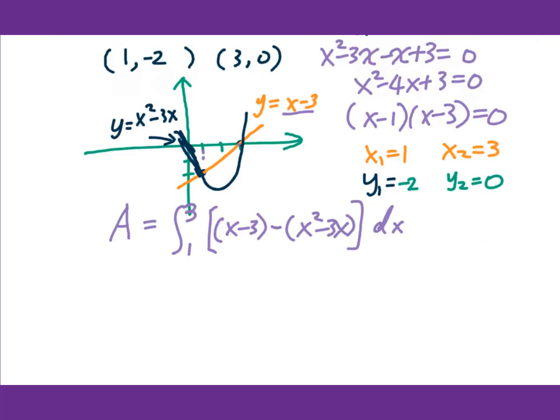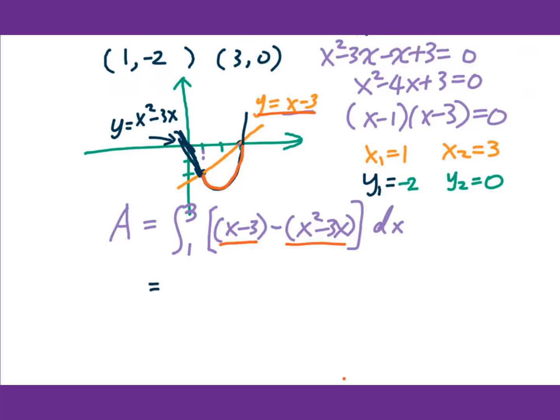From the graph, you could see y equals x minus 3 is above y equals x squared minus 3x between 1 and 3. Therefore, I use the linear function minus the quadratic function.